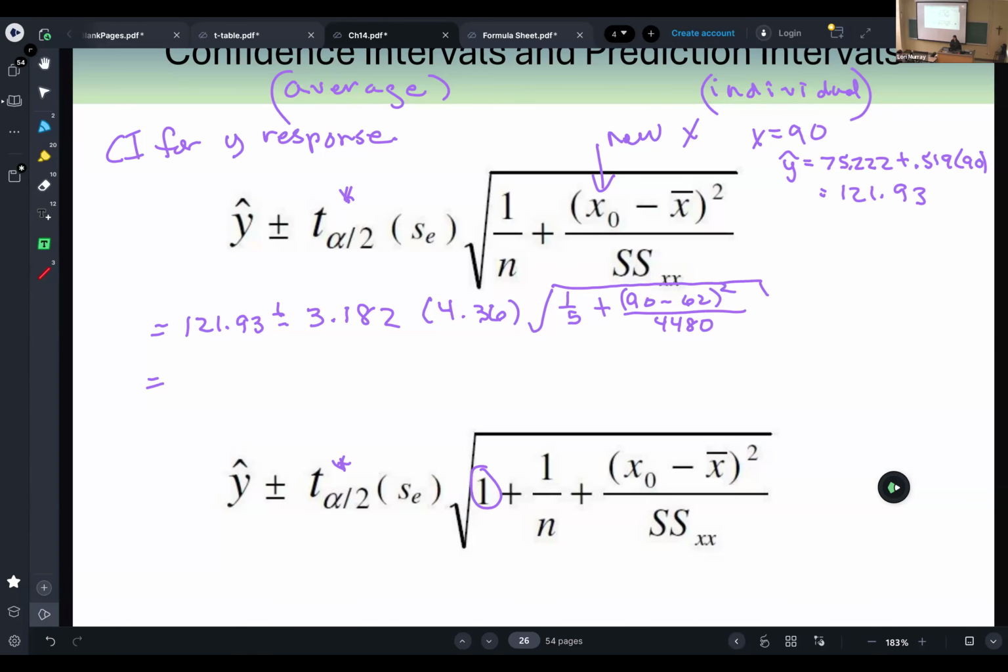So 121.93 subtract 3.182 times 0.36 times the square root of 1/5 plus 90 subtract 62 squared, divided by 4480, close the bracket and close another bracket.